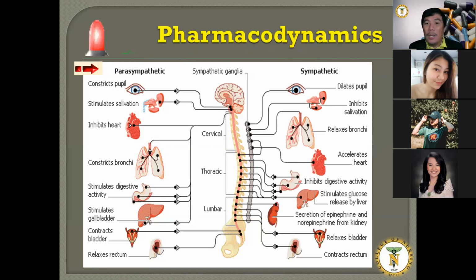So epinephrine acts not just on the heart, but also on the bronchi.